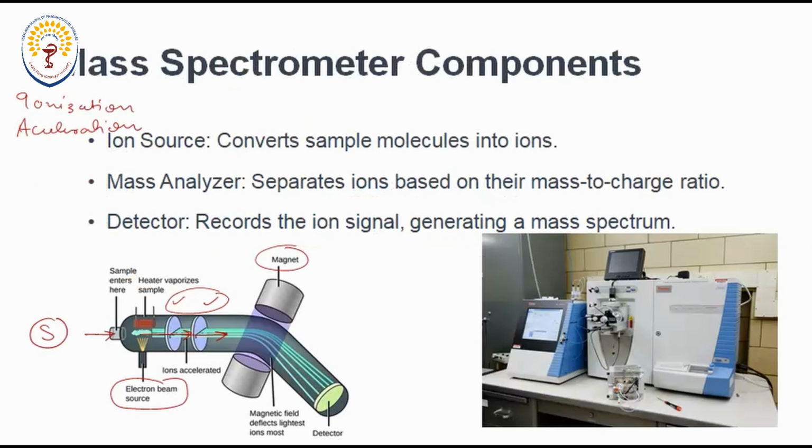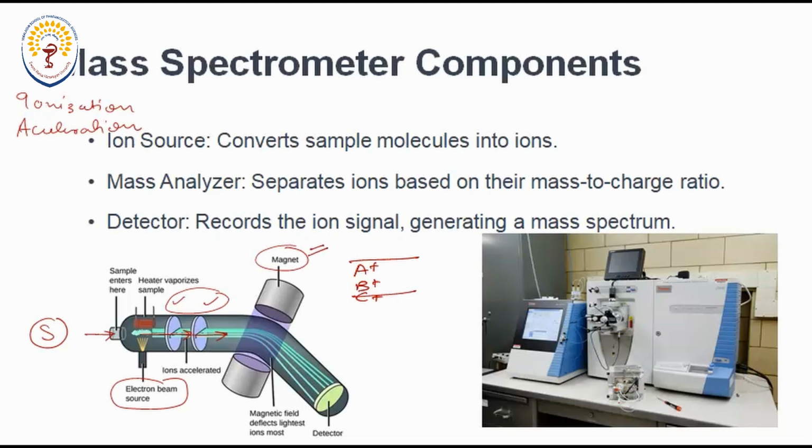This magnetic field will deflect the ions. The beam contains ion A, ion B, ion C. A has a different mass to charge ratio, B has a different mass to charge ratio, and C has a different mass to charge ratio. So these ions are separated on the basis of mass to charge through the effect of the magnetic field. Why does the magnetic field separate these ions?